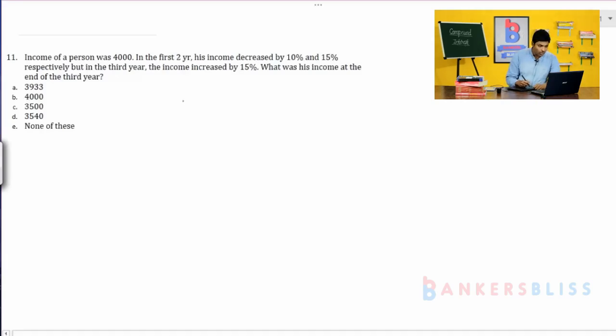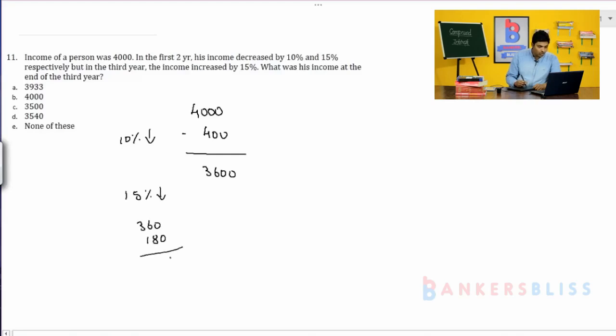So 4,000 is the initial amount, 10% is the decrease, so 400 is the decrease. So the answer is 3,600, that is 10% less. Next 15% you have to reduce. 10% means 360, 5% means 180.